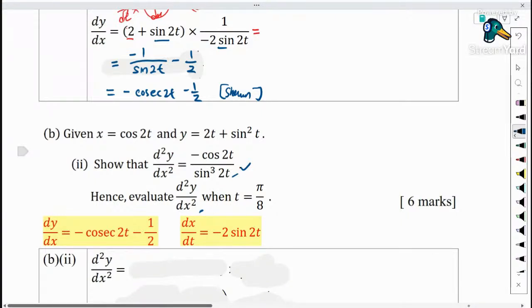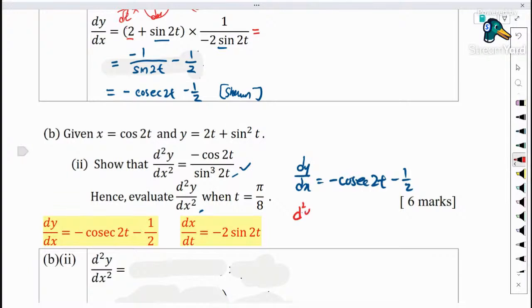We find that dy/dx is equal to negative cosecant 2t minus 1 over 2, and when I want to find the second derivative, the formula is that I differentiate with respect to t on the dy/dx, multiplied with dt/dx.